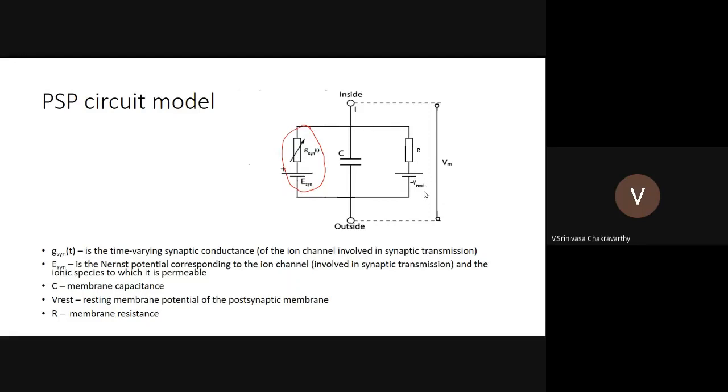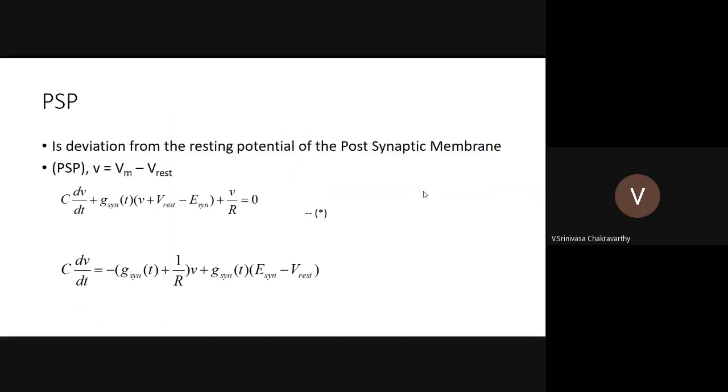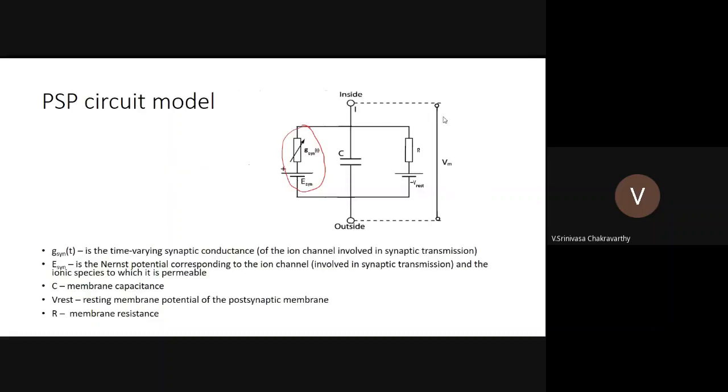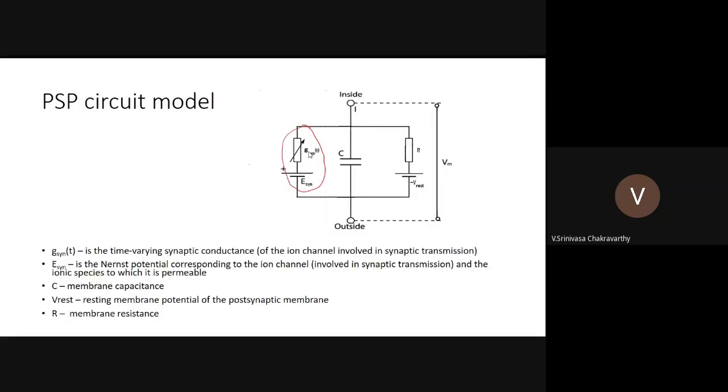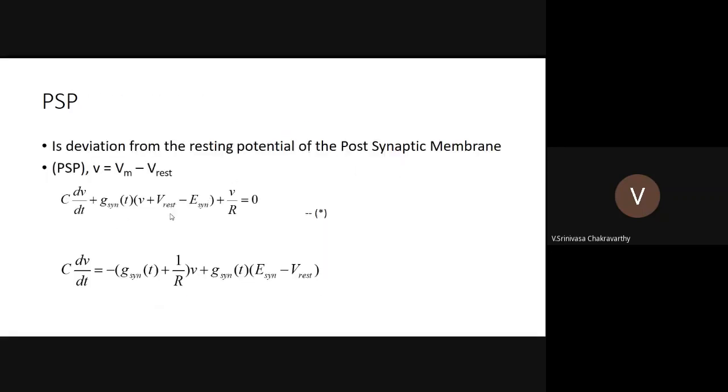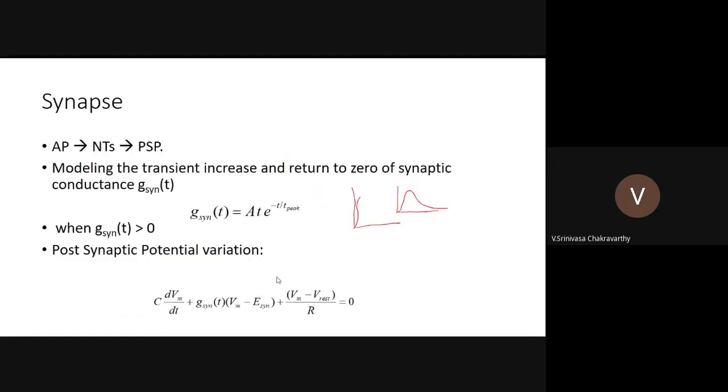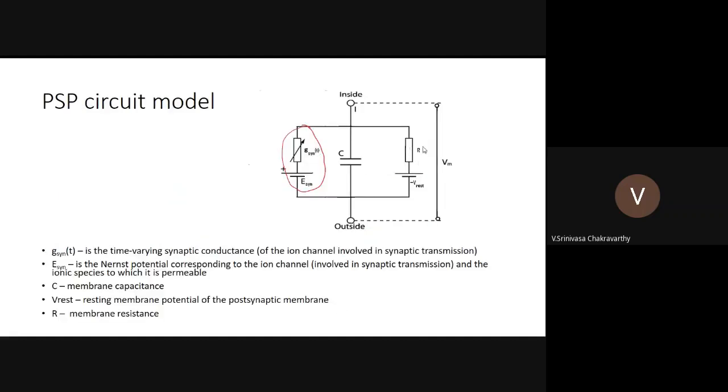Okay, so let us now write down the equations for this. So C dV by dt. We know that the sum of these three branch currents is equal to the input current, right? So C dV by dt plus G_syn times Vm minus E_syn plus Vm minus Vrest by R. We're indicating this by resistor R and this by conductance G_syn.